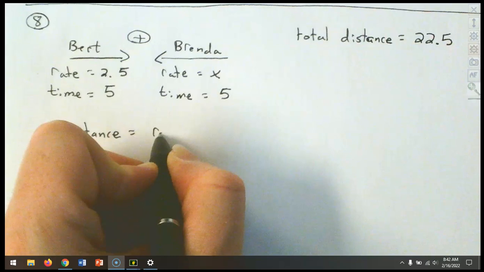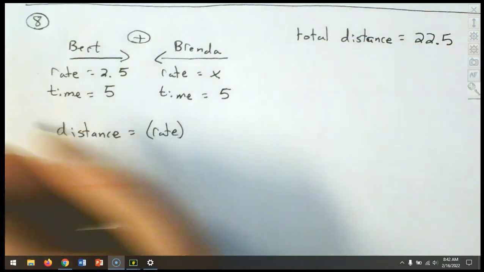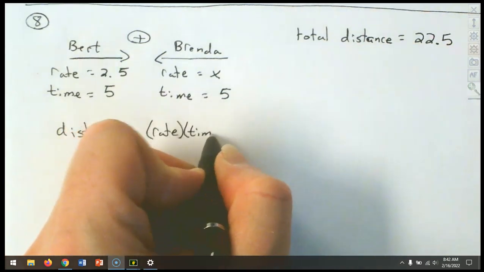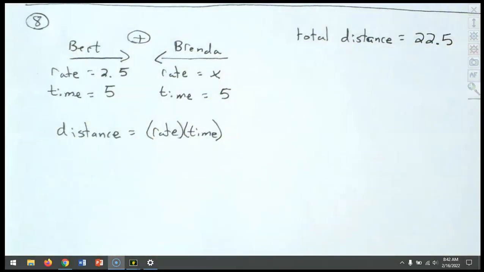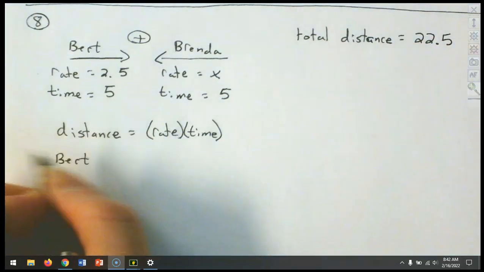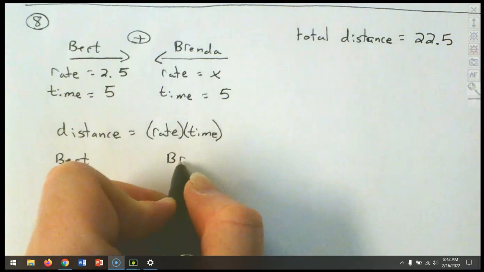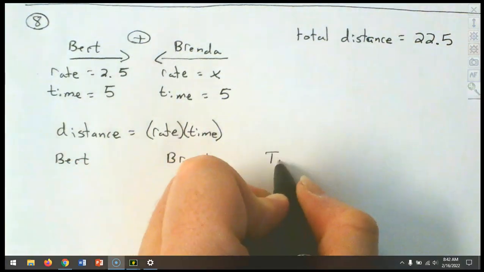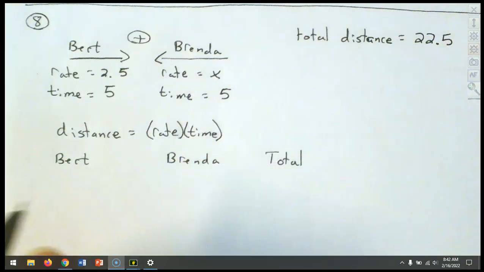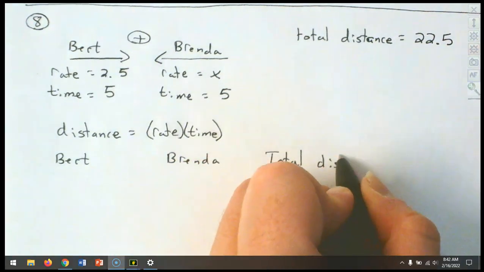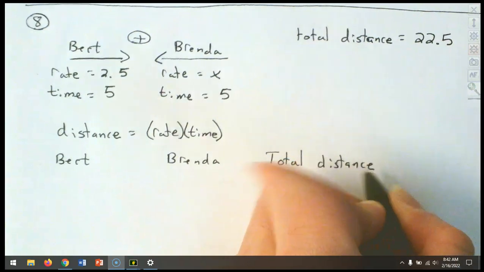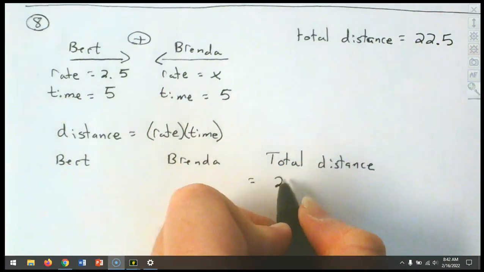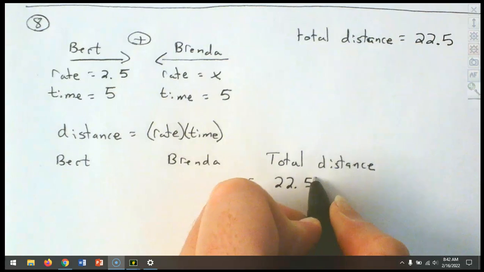And the distance is the rate times the time. And we've got Bert and we've got Brenda. And then we have a total distance over here. And we know that total distance is 22.5. So that's going here.